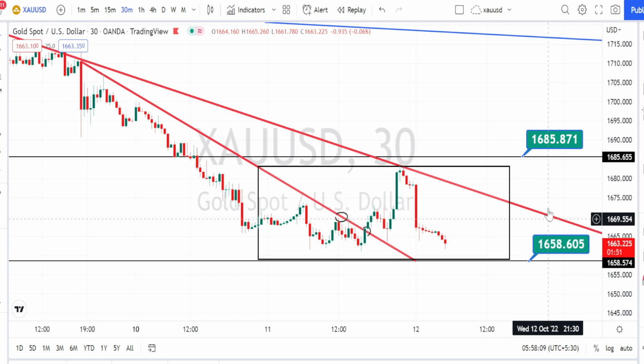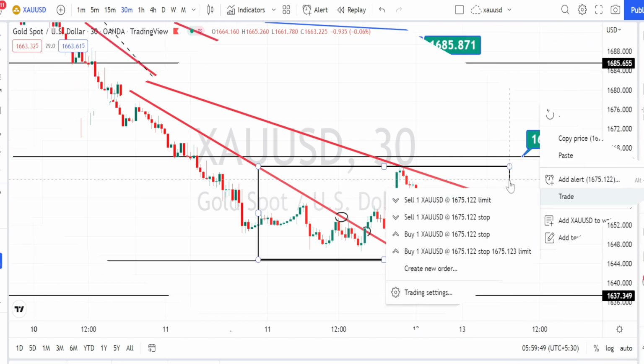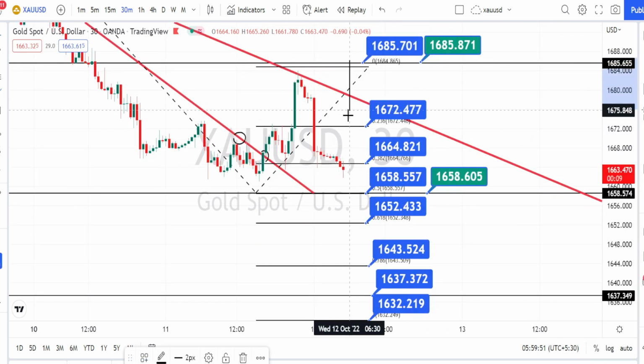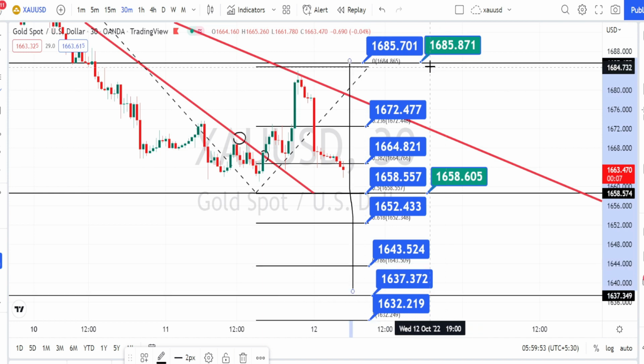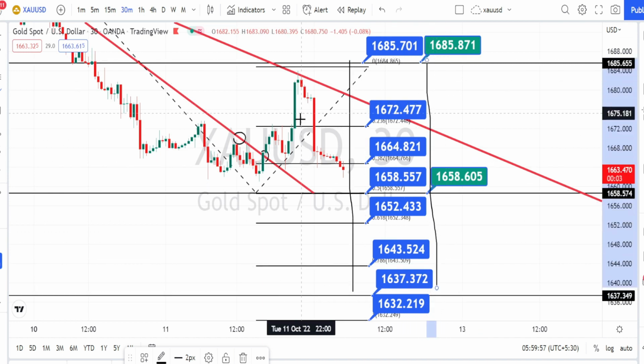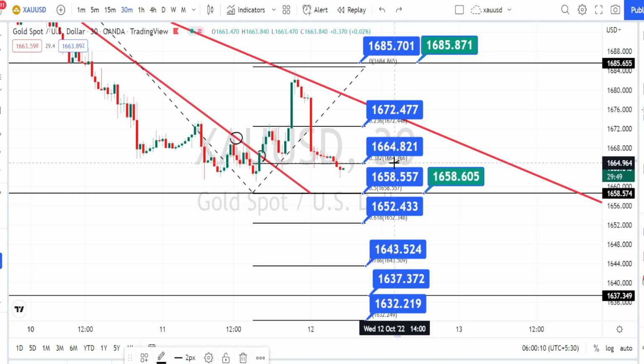Let us mark the support and resistance levels. So the values within these blue color boxes are the resistance and support levels for current price action in 30 minutes time frame. Currently the price action is trading between the resistance level of 1664 and support level of 1658. And if the price action breaks this support level, next level of support is going to be around 1652, 1643, 1637 and 1632.